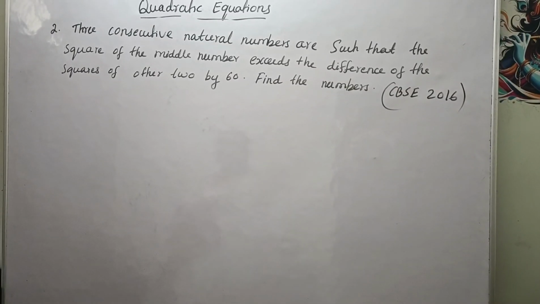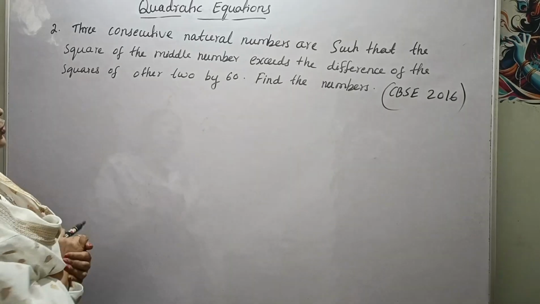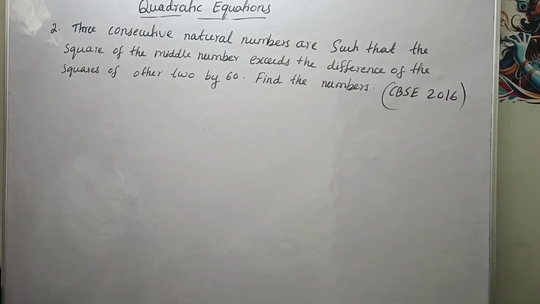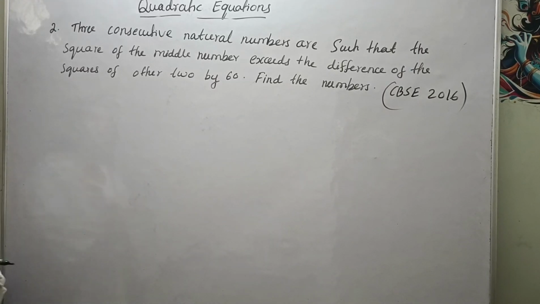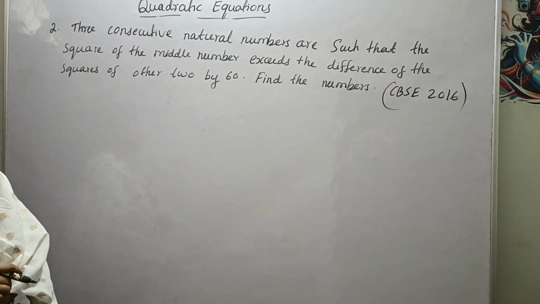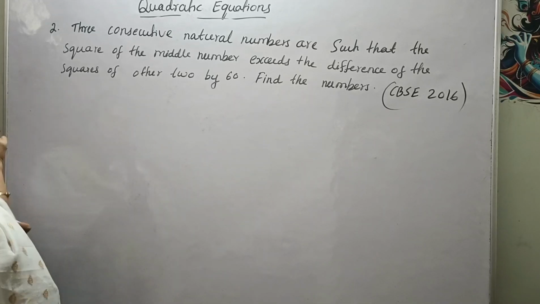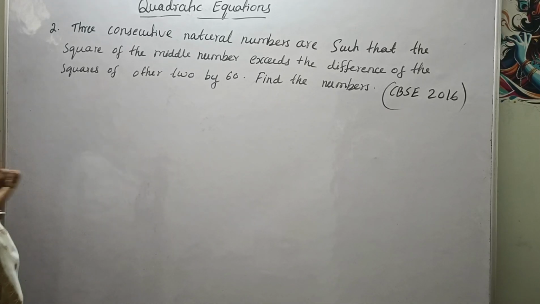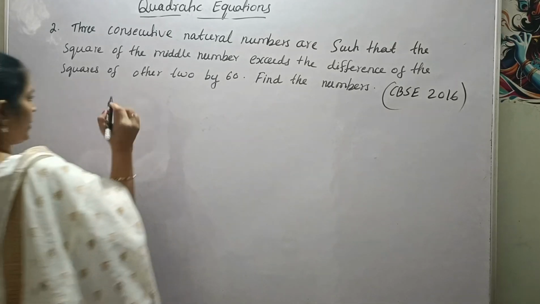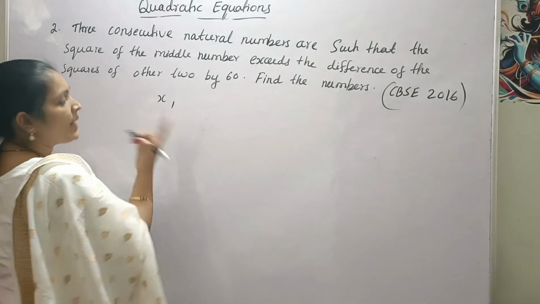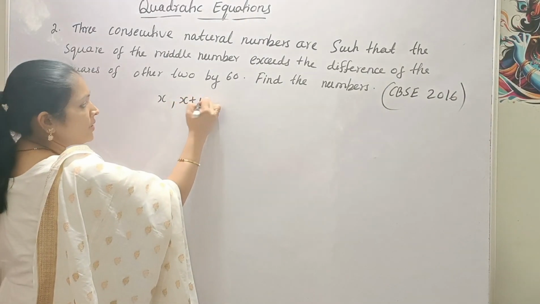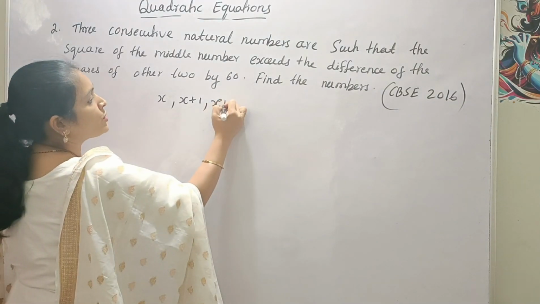Look at the next question. Three consecutive natural numbers are such that the square of the middle number exceeds the difference of the squares of the other two by 60. See, first of all, let's take three consecutive numbers. So, if x is the first number, then the next number is x plus 1 and the next number x plus 2.